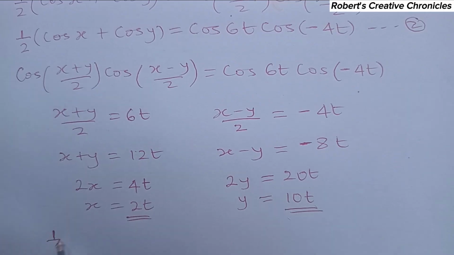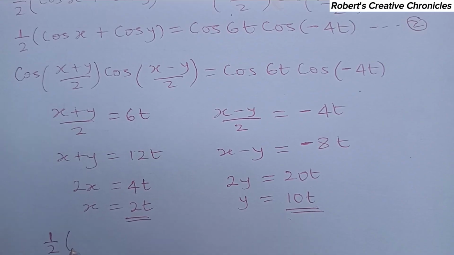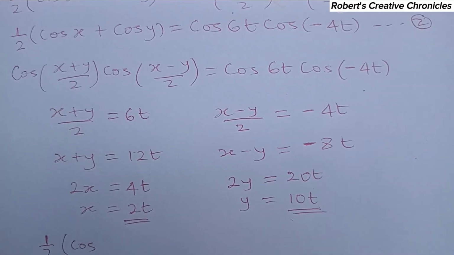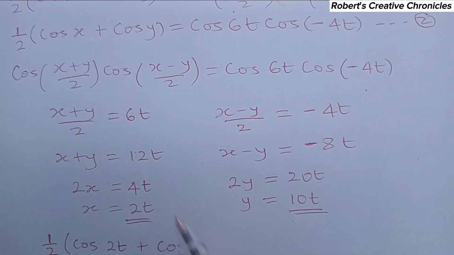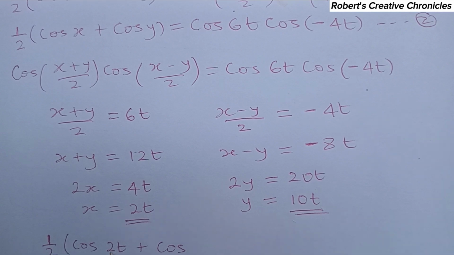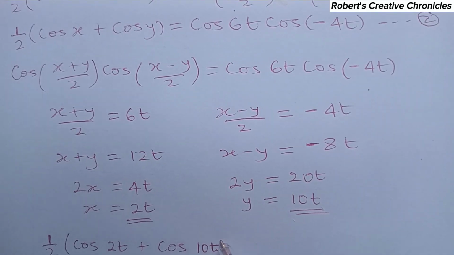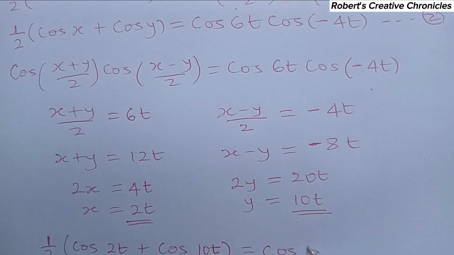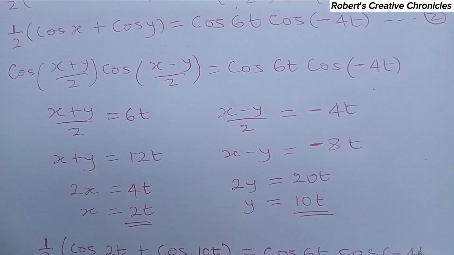It becomes half (cos 2t plus cos 10t), since y is now 10t and 2t is now x, equals cos 6t cos negative 4t.